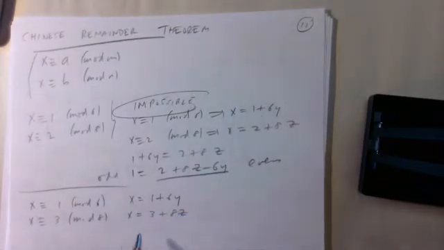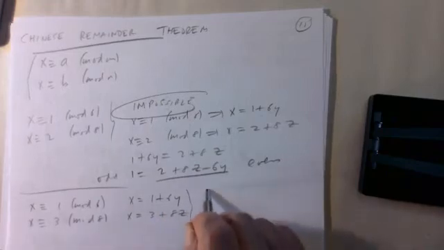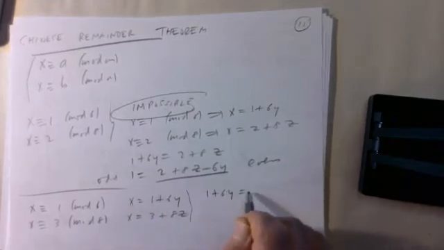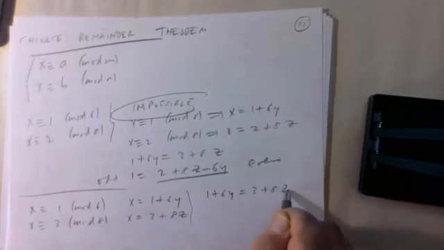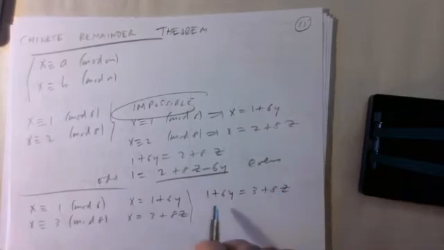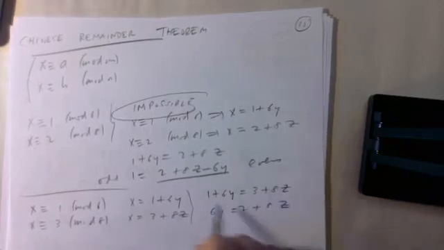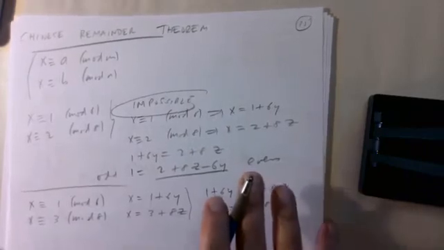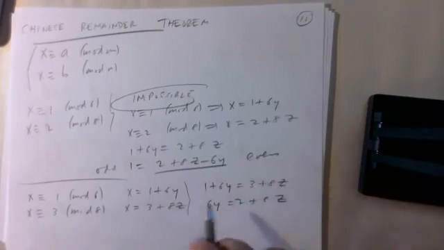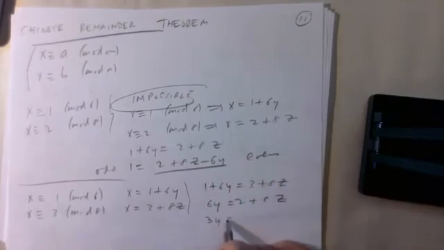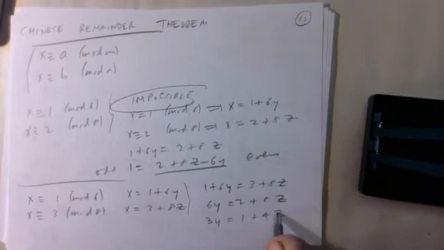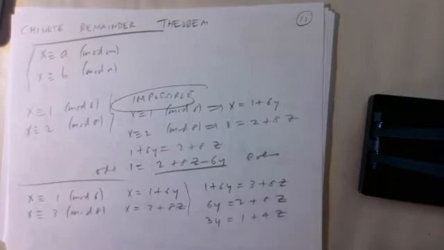So if there's going to be a solution, then 1 plus 6y equals 3 plus 8z. That's the same as 6y equals 2 plus 8z, subtracting 1. If I divide by 2, this says 3y is 1 plus 4z.